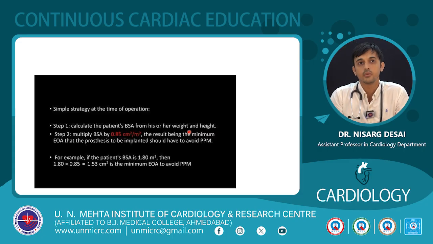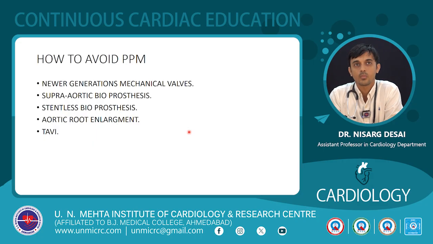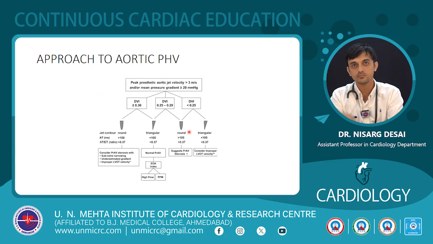If the valve size is less than this, it is clear that the patient will be subjected to PPM. There are other methods: using newer generation mechanical valves, supra-annular bioprosthetic implantation, stentless bioprosthesis, or, rarely used, aortic root enlargement, and TAVI over mechanical valve replacement.